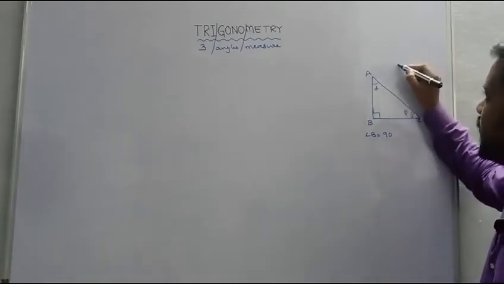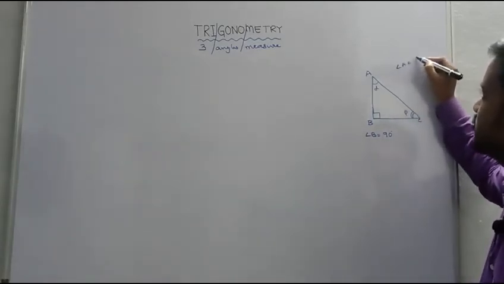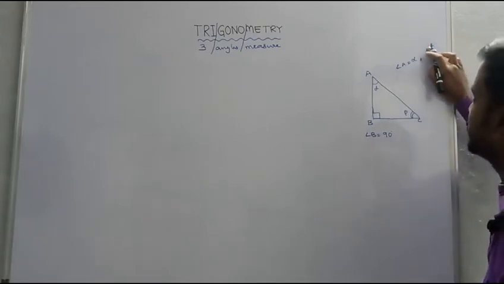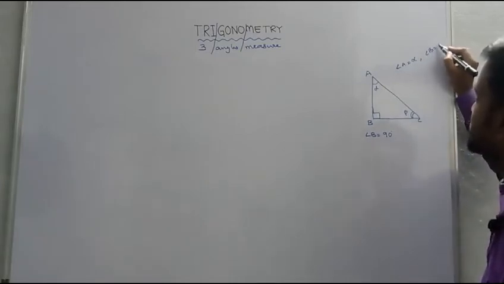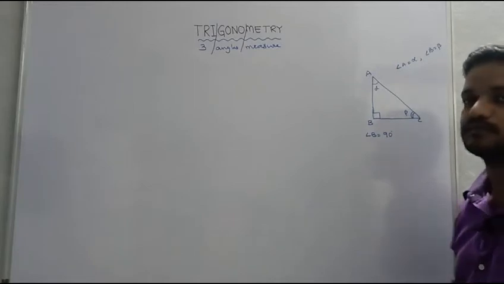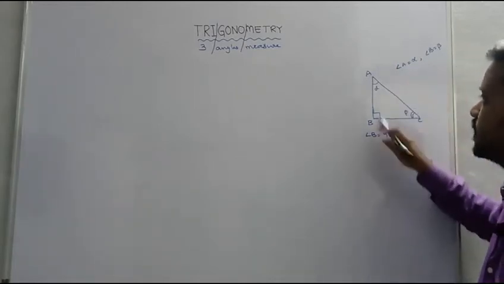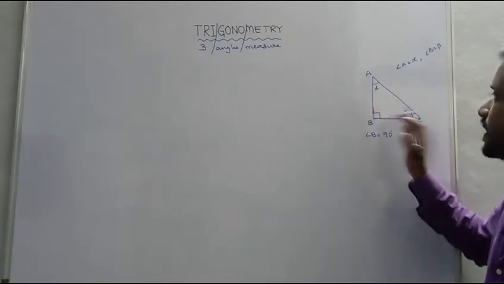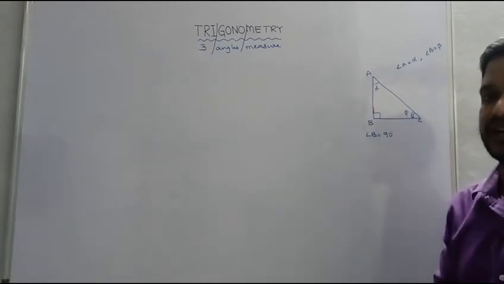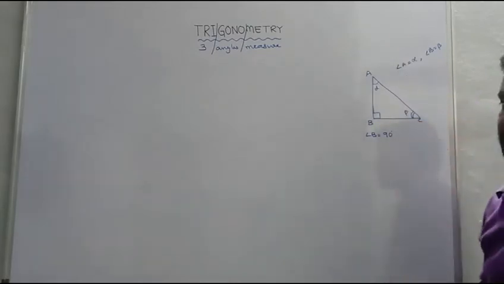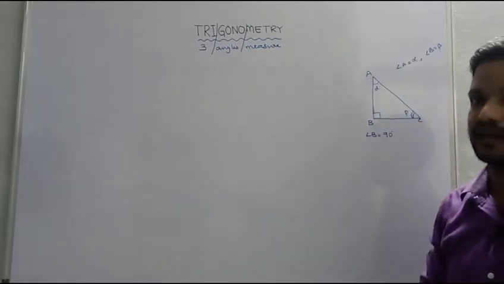So angle at A is alpha, angle at C is beta. Now let us name the three sides of the right angle triangle. Generally we take AB as height and BC as base, isn't it?